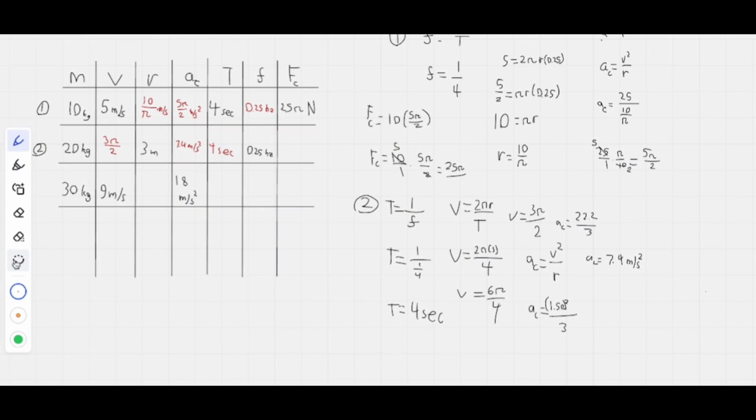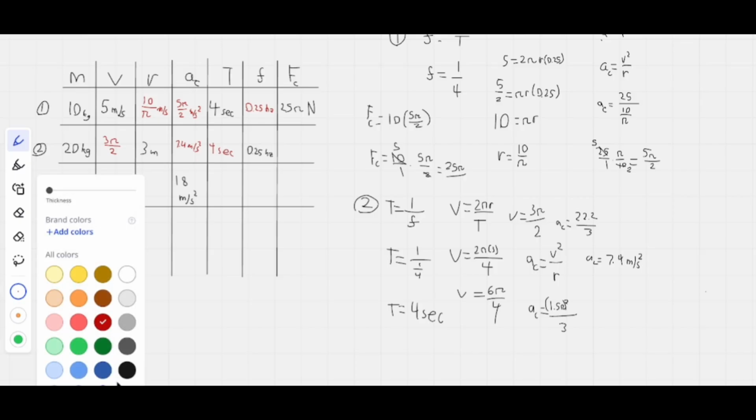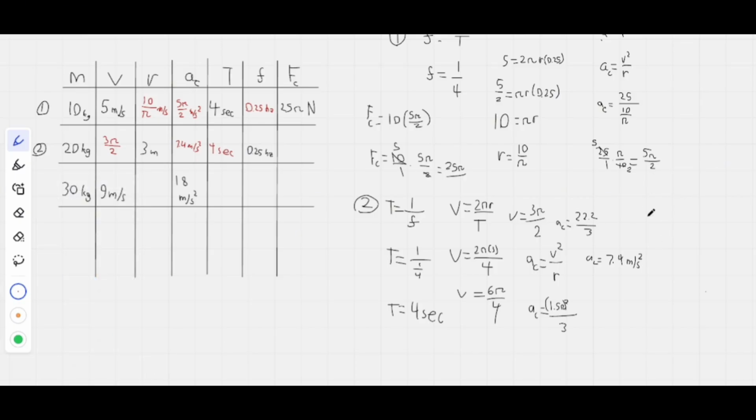our last box that we need to fill in is our force, and pretty straightforward. As we know, force equals MA. So that means our force equals our mass, which is 20, times our acceleration, which is 7.4 meters per second squared.